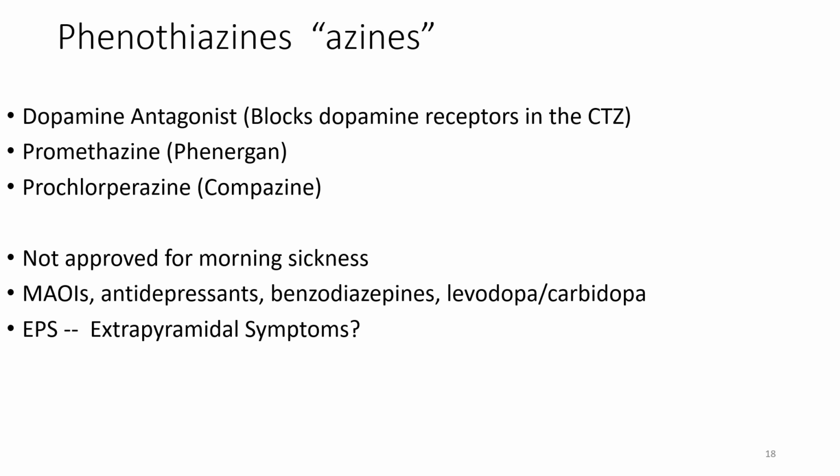Now, when we talk about the MAOIs, the antidepressants, it's important to understand that we take MAOIs and we take antidepressants so that we can actually increase the availability of that serotonin and dopamine so that, number one, we can help with depression.